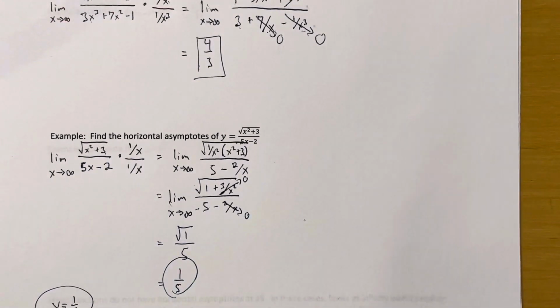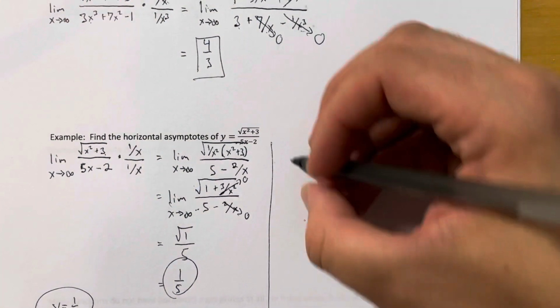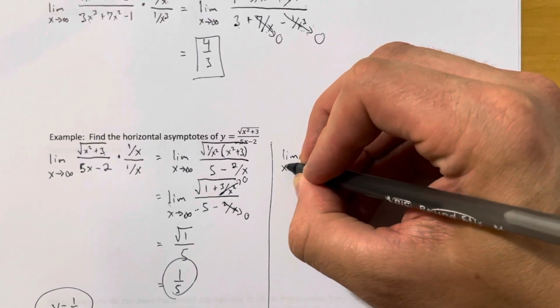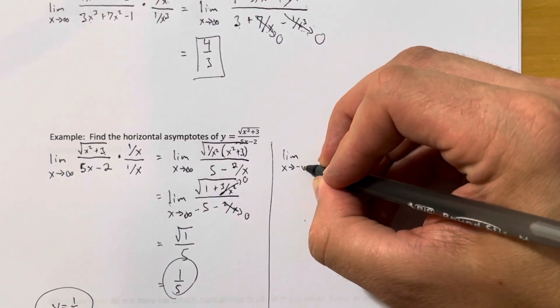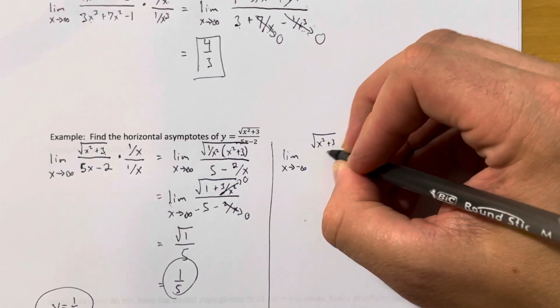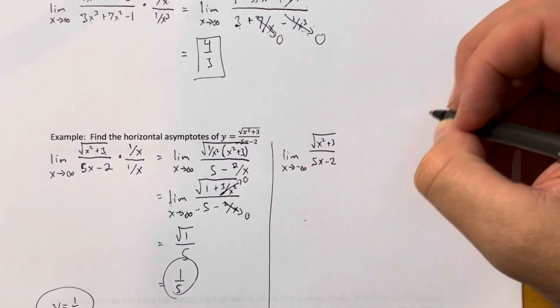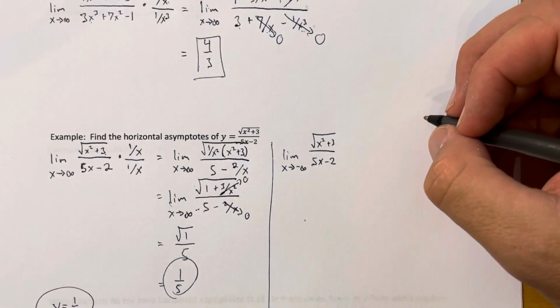Now I don't know yet if I have a different asymptote as I approach from the left, as I approach negative infinity. So we have to investigate that also. What is my limit as x approaches negative infinity of this function, the square root of x squared plus 3 over 5x minus 2? What'll that come out to?